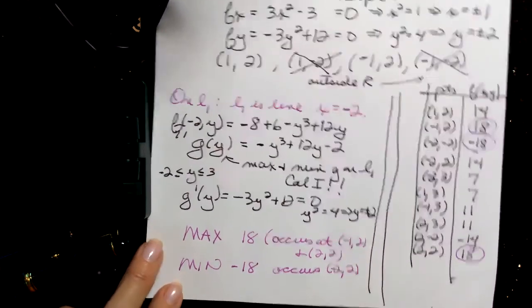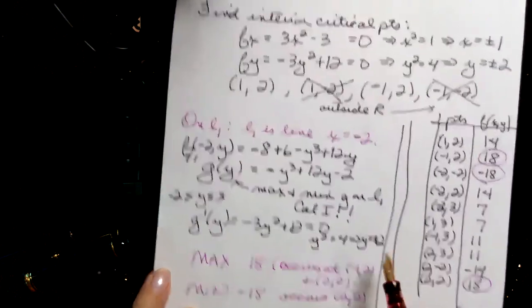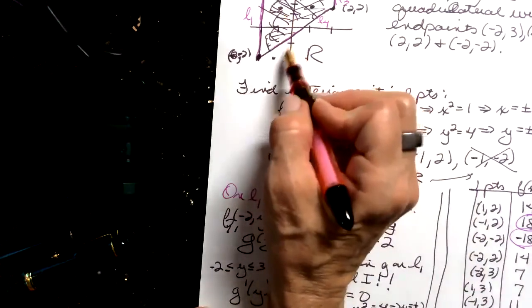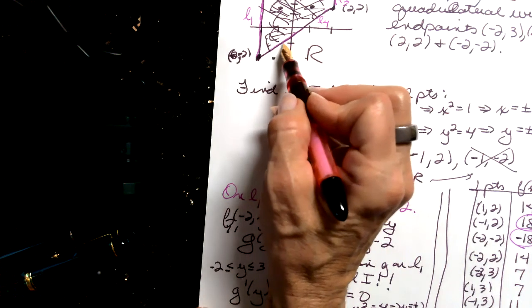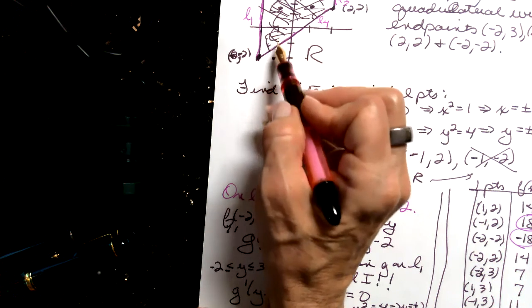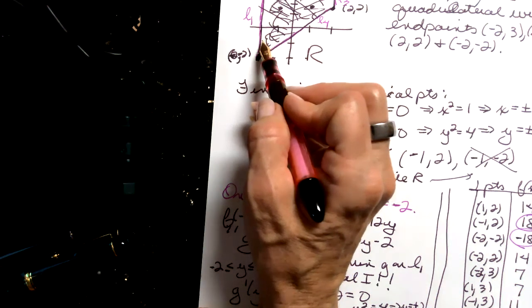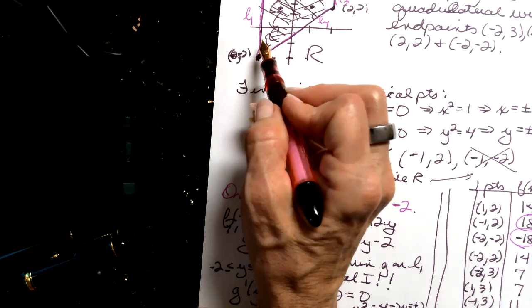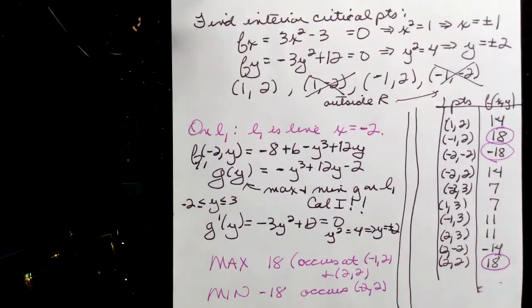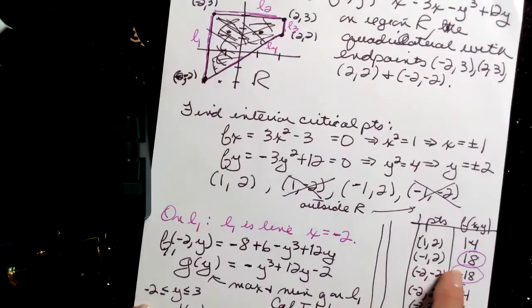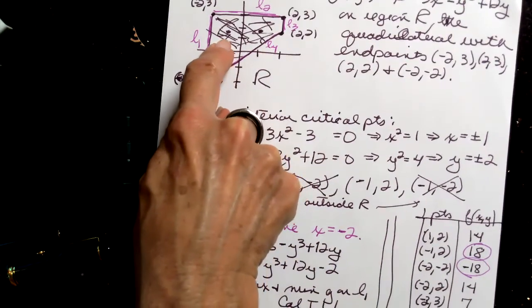Okay. All right. So minus 1, comma 2 is an interior critical point.